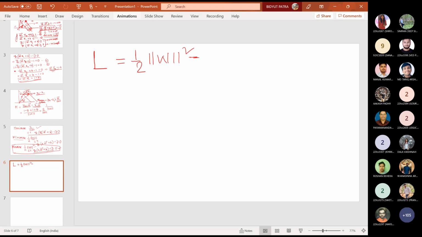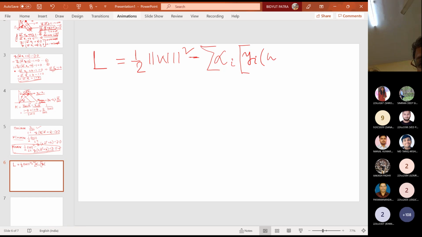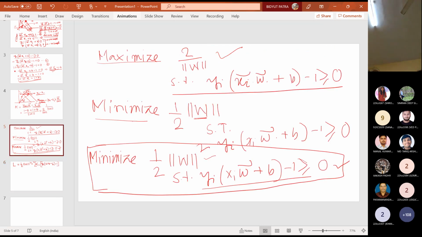Minus the summation over some multiplier alpha i, and the multiplier will be multiplied with the constraint. The constraint was yi, yi (w dot xi plus b) minus 1, and this is the end.